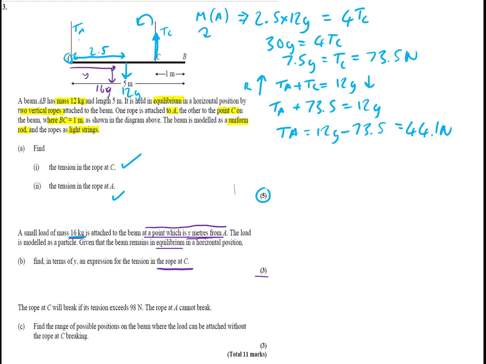So we still need to take moments, and we want the new tension at C, so it would make sense to take the moment around A, because that cancels out the TA.